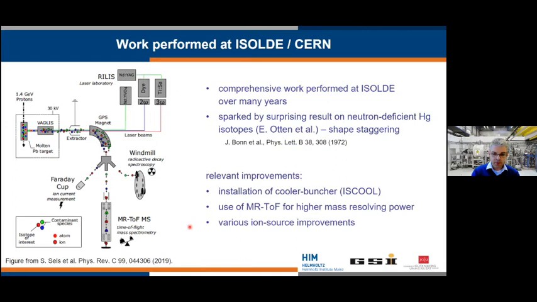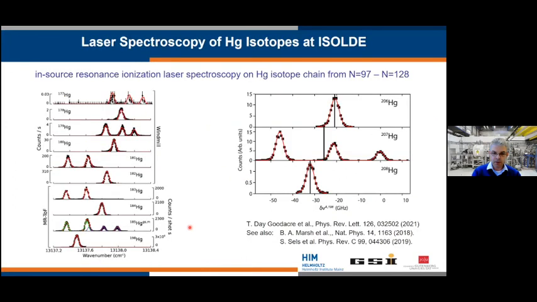Okay, so now let's look into some of the recent results. I have picked here the mercury isotopic chain, which has been quite extended in recent years. Here are a couple of references to some of the work that has been published recently. On the one hand side, these are the neutron deficient isotopes, and nowadays one can go all the way down to 177 mercury. Of course, you can see that the intensities and the counts are quite different.